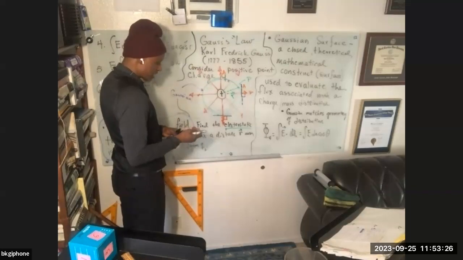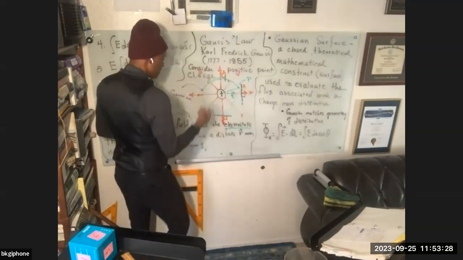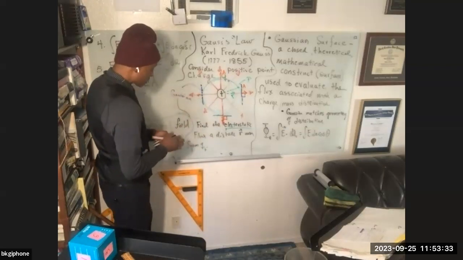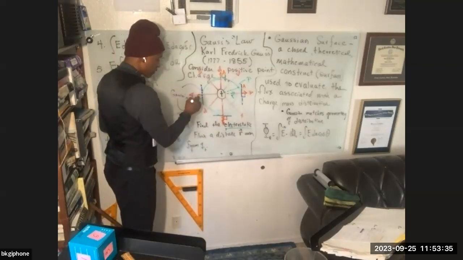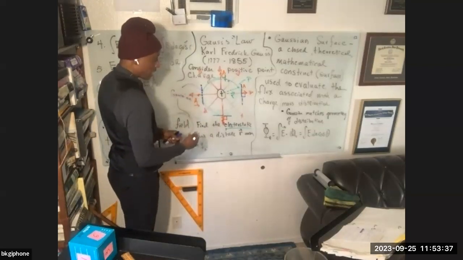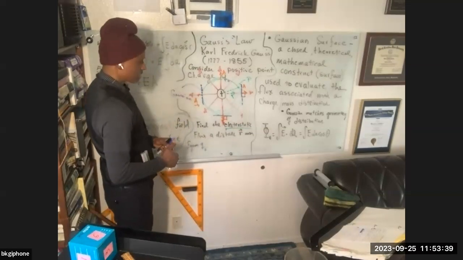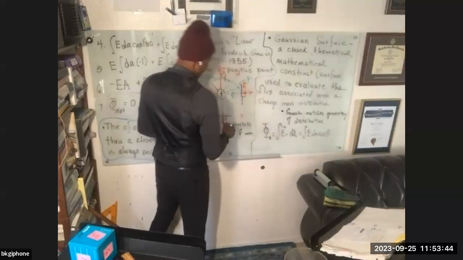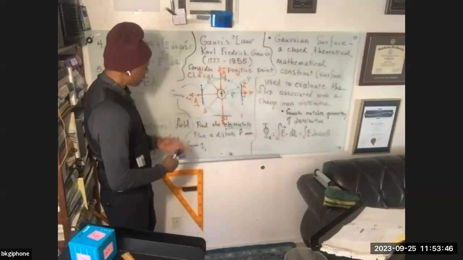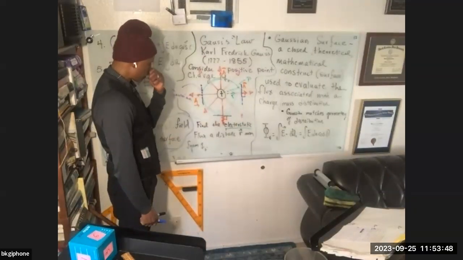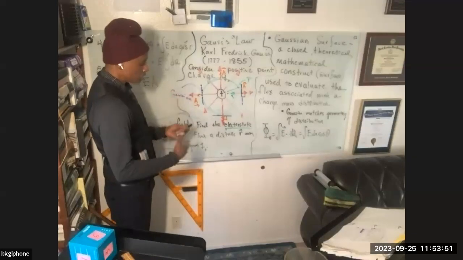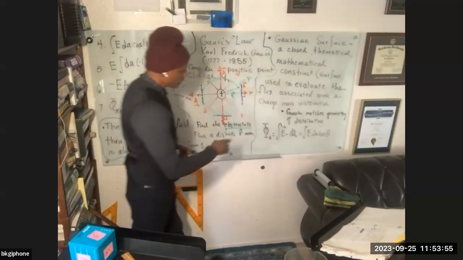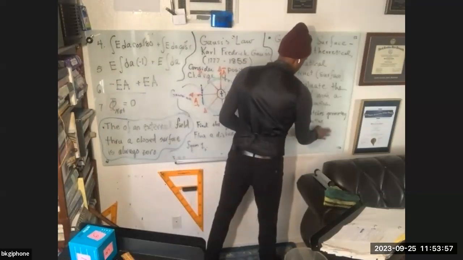Yes, it's true that E is perpendicular to a tangent everywhere that E crosses the surface, but A is also perpendicular to a tangent everywhere on the surface, because that's how we define A. A is perpendicular to the surface that it describes. So E is perpendicular to the surface and A is perpendicular to the surface, they're parallel to one another. So the angle between E and A, or dA, is 0.